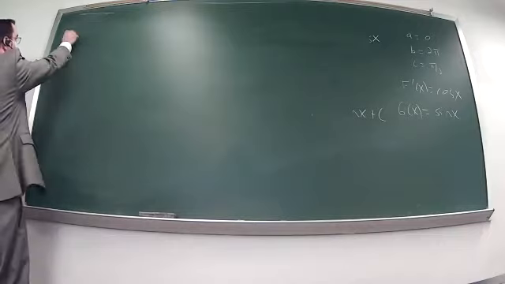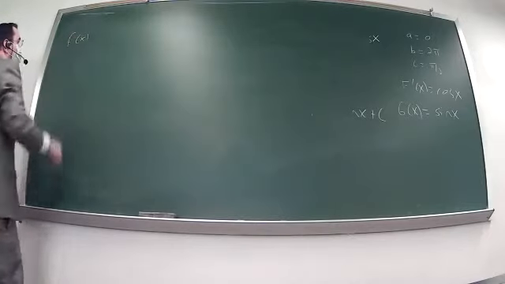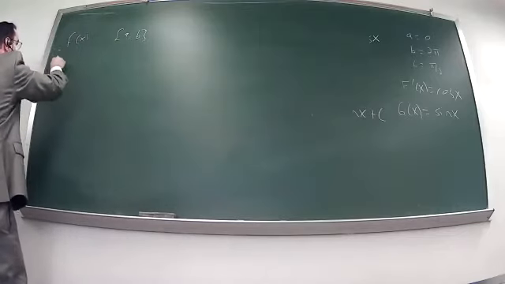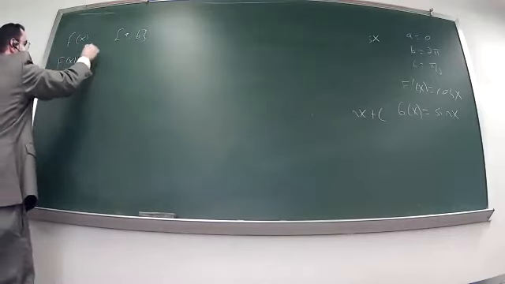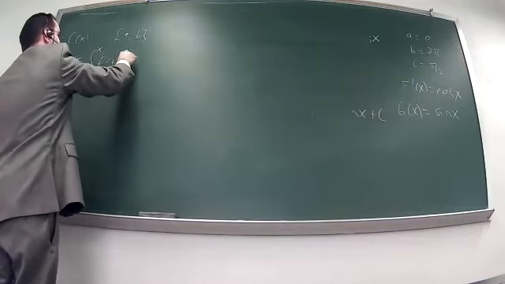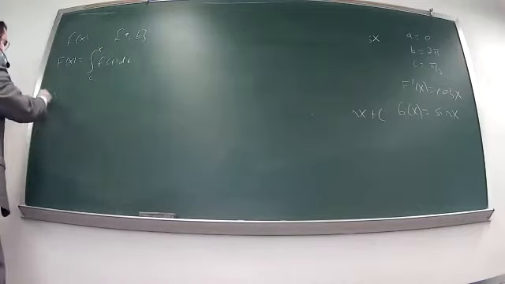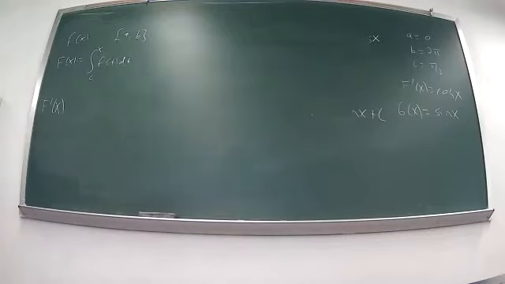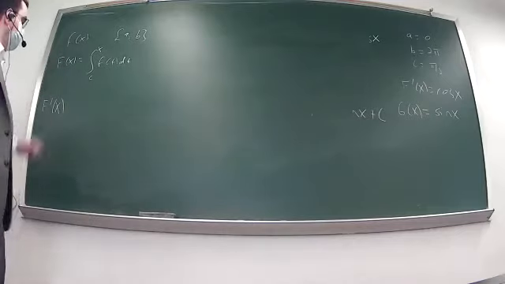So we want to say we're given some continuous function on some interval from A to B, and we define this function capital F of x as such, and we want to calculate F prime of x, and we want to show that the answer is equal to lowercase f of x.